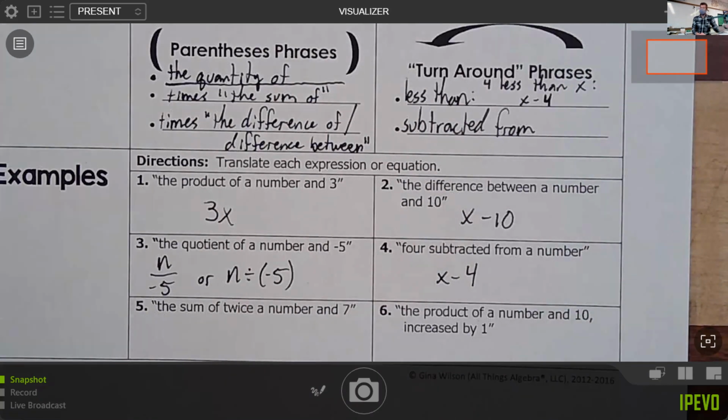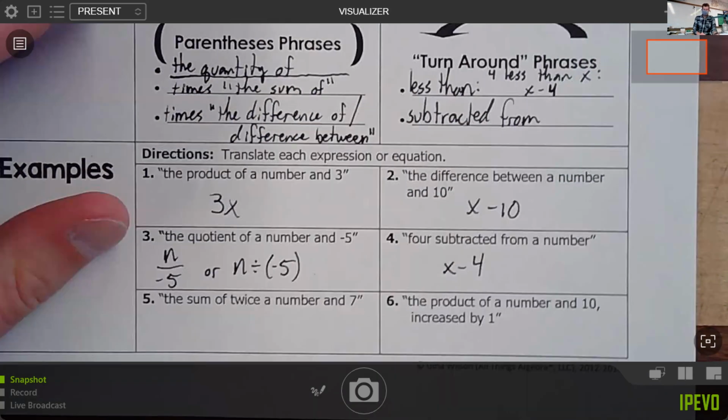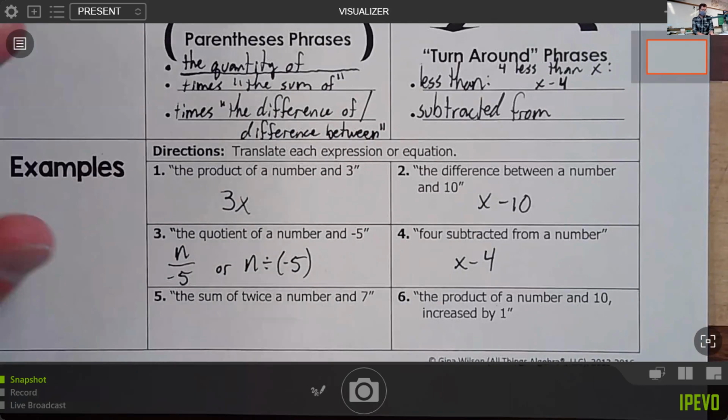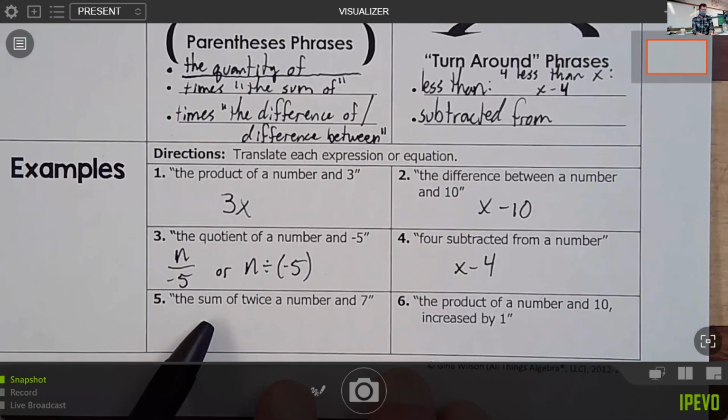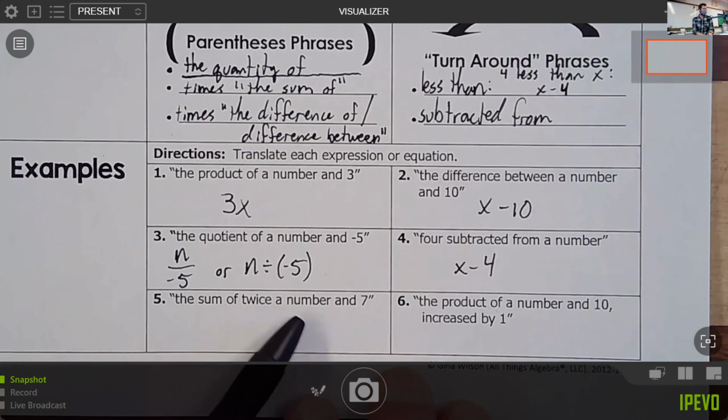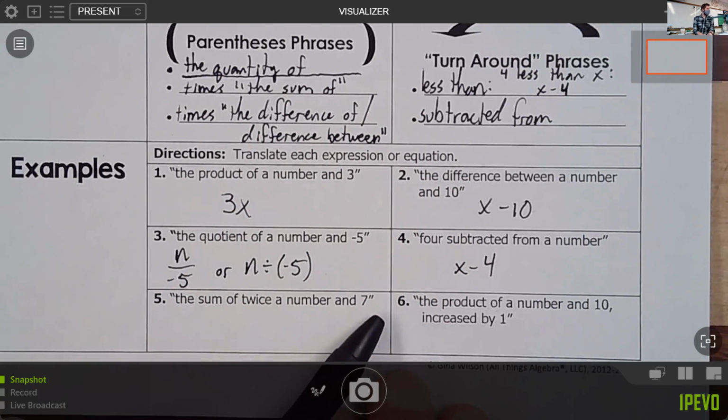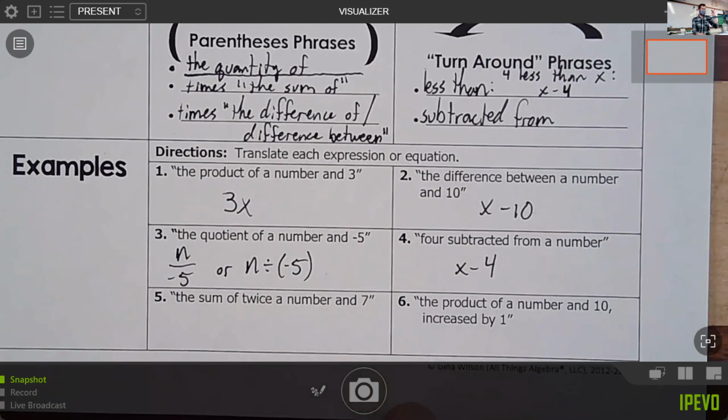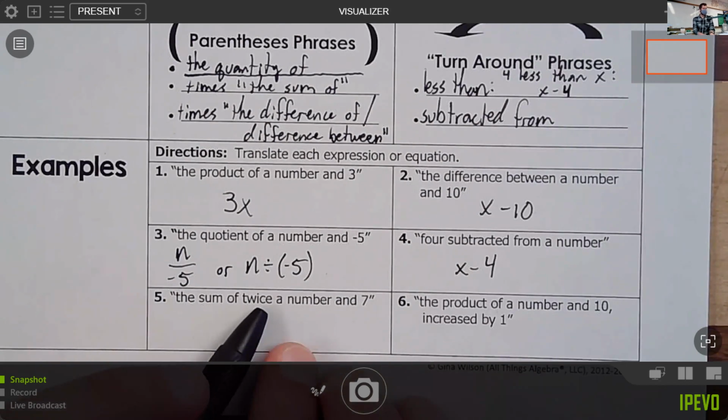All right, now we're getting a little bit more detailed with these last two. So it says the sum of twice a number and 7. So we're adding together twice the value of a number and 7. Sum means add, twice means what? Multiplication of what specifically?